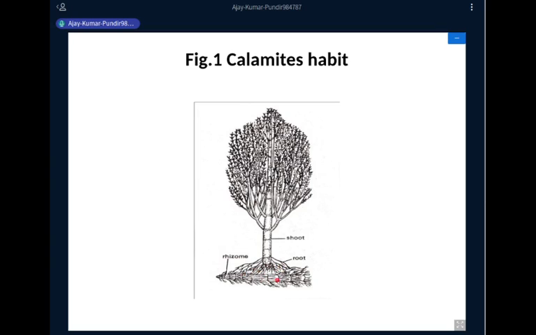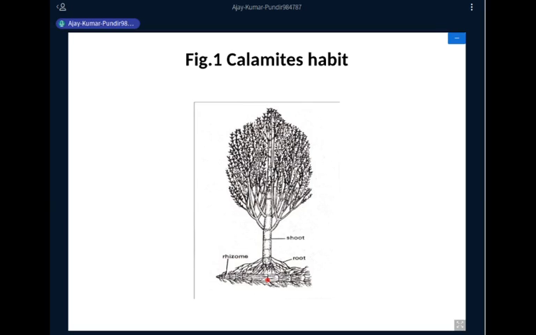If you see the rhizome clearly, you can see that the rhizome is divided into node and internode. From the node, towards the lower side, towards the soil surface, a bunch of adventitious roots are developed, which function in absorption of water and minerals.